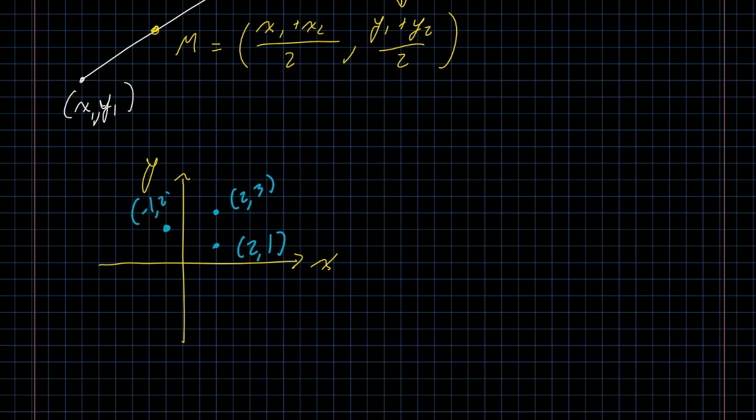And negative 1, 2. Negative 4, 0. Negative 2, negative 2. And, I don't know, 3, negative 2. All right, so all told, that's what, 6 points?